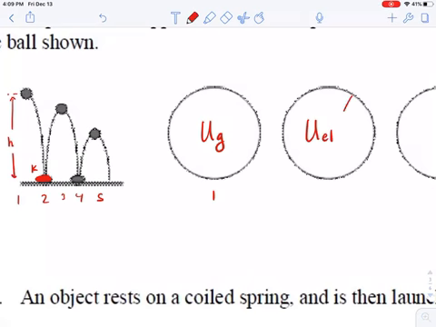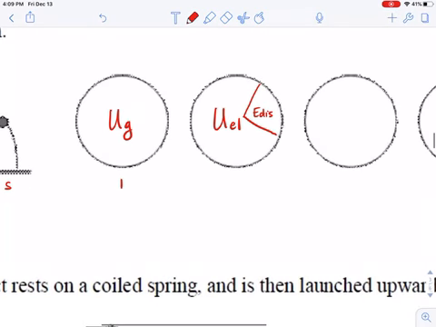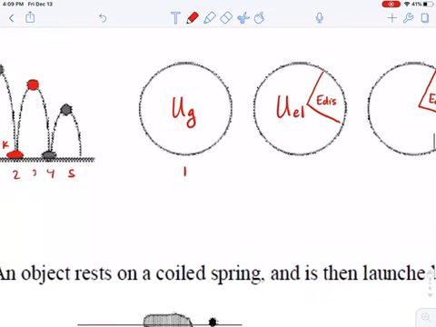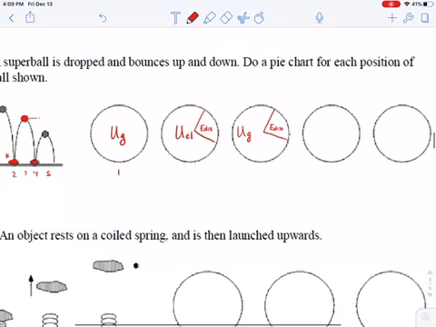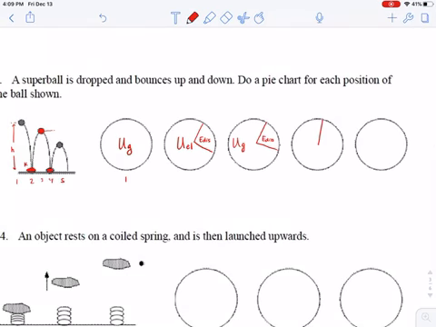Also, some of the energy is dissipated. The ball bounces back up, and I know that some of the energy is dissipated because when the ball bounces back up, it doesn't go as high as it did before. So at position 3, some of the energy has been dissipated, and there is gravitational potential energy, again, due to the new height of the ball. At position 4, we've got, again, elastic potential energy, but more of the energy has been dissipated.